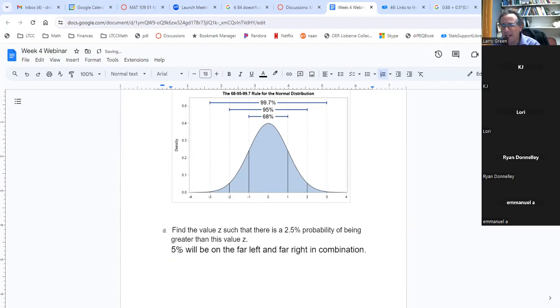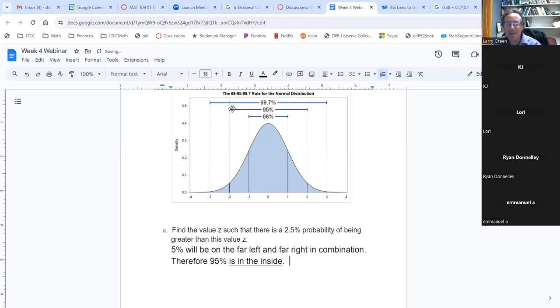How much will be in the middle if there's 5% on the outside? How much is on the inside? Yeah, therefore 95% is on the inside.